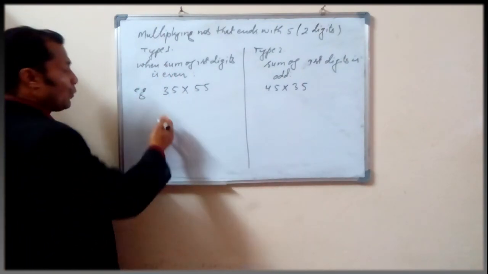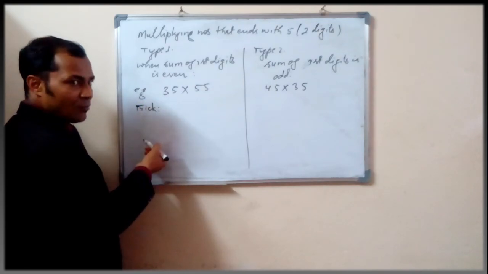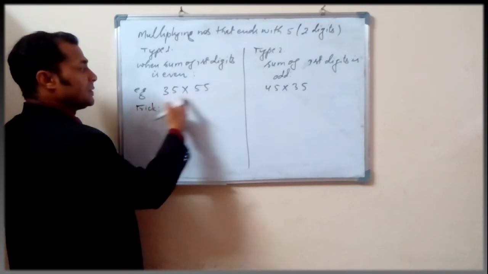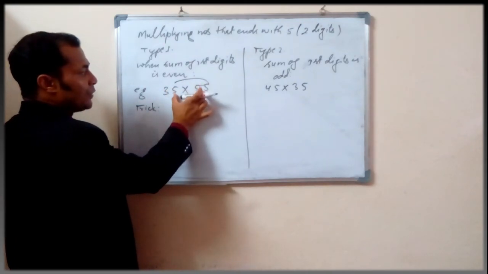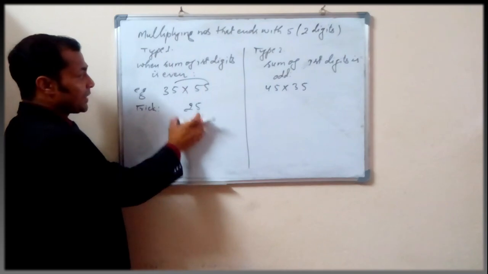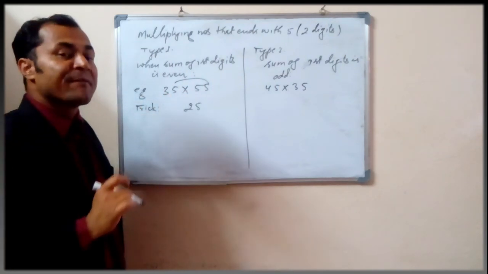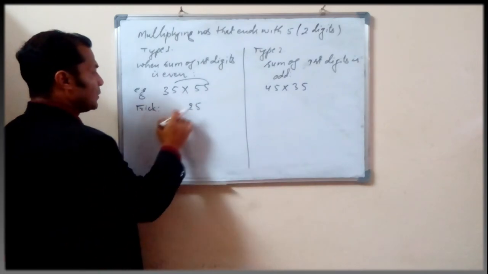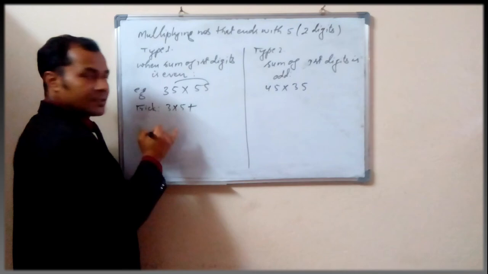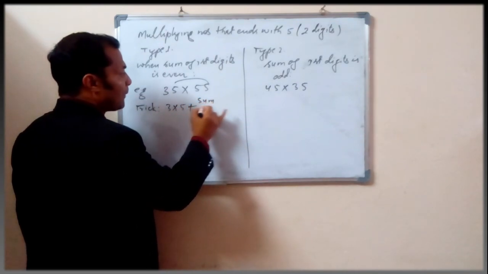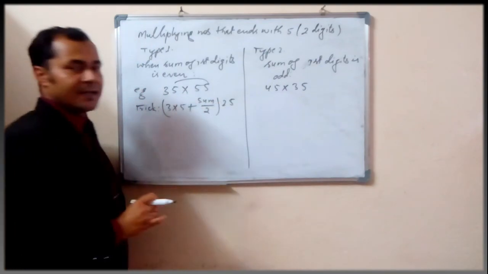It's very simple. The trick, or you can say formula, when it is even: put 25 at the end, always, since 5 5s are 25 when you multiply. Then 3 5s are 15, so I'll do 3 into 5, plus the sum divided by 2, and put 25 at last.